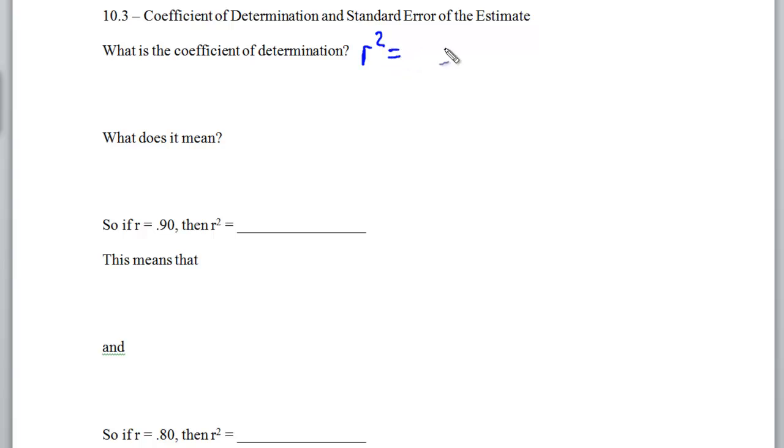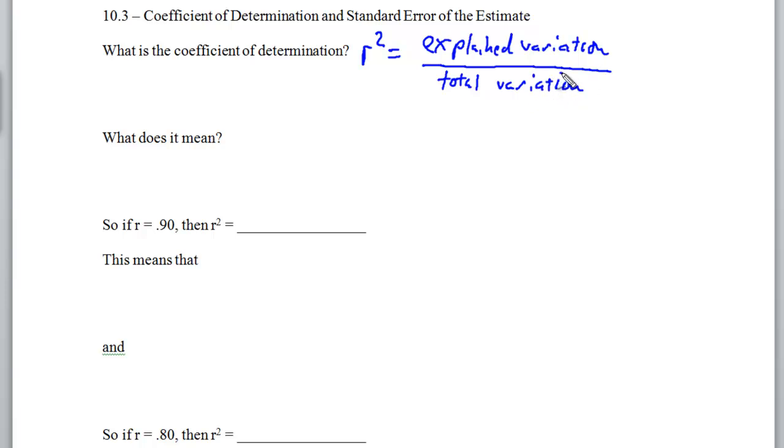So what this is, it takes our explained variation and divides it by the total variation. So explained variation divided by total variation. So what does this all mean, though? Now, there's a lot of writing, so I'll try to be good in my handwriting.